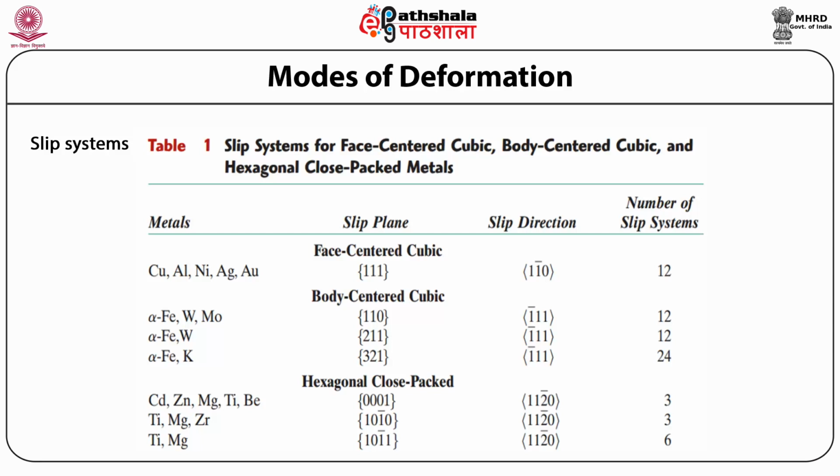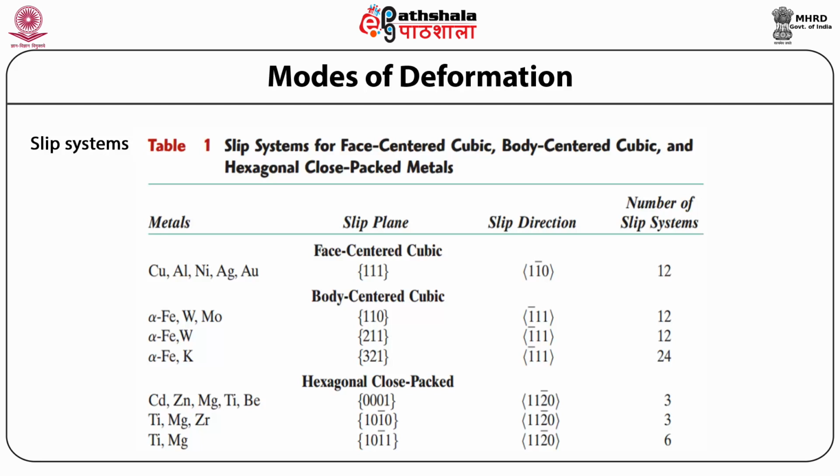All these metals have the slip plane {0, 0, 0, 1} in the curly brackets. They have the slip direction <1, 1, 2 bar, 0> in the triangular brackets and the number of slip systems is 3.